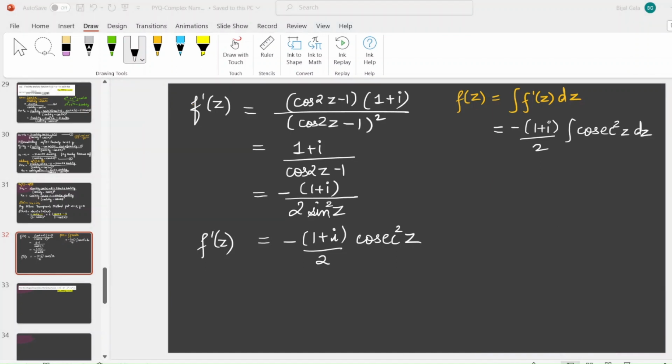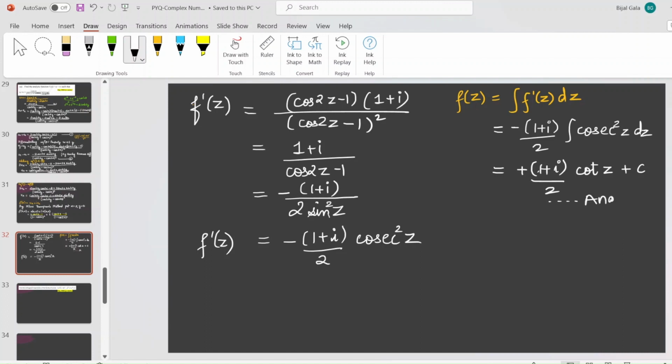So the integral over here now becomes negative 1 plus i over 2 cot z. And there'll be a constant of integration, which is c, and it's negative cot, so we'll have a plus here. Okay. So this is your required analytic function.